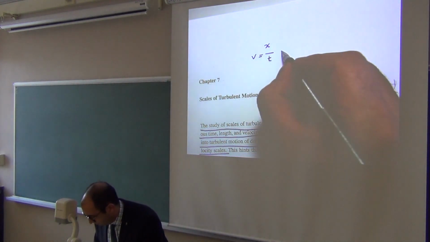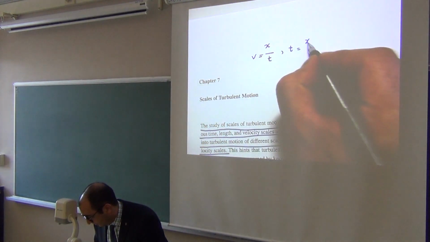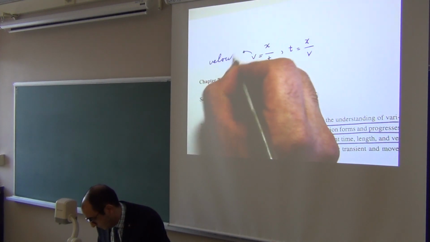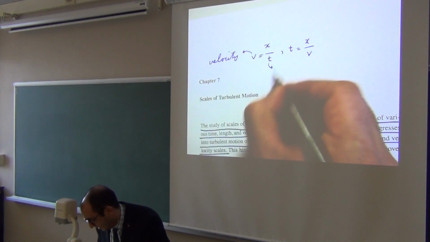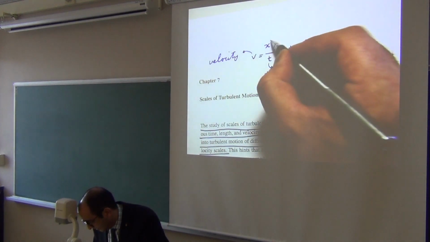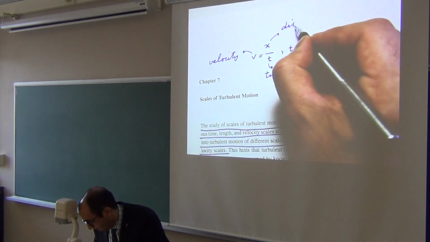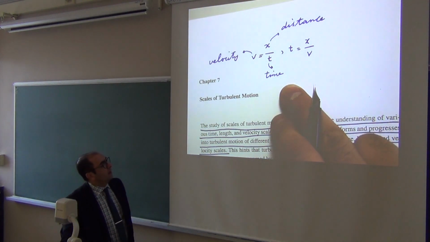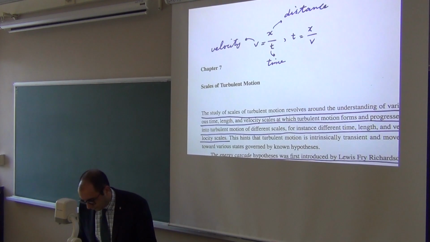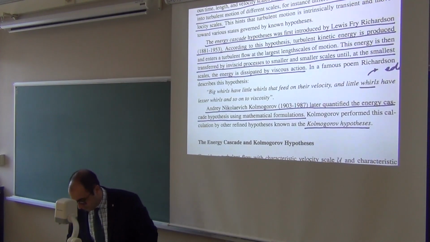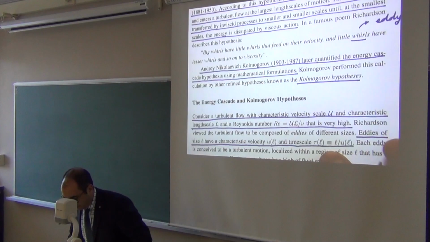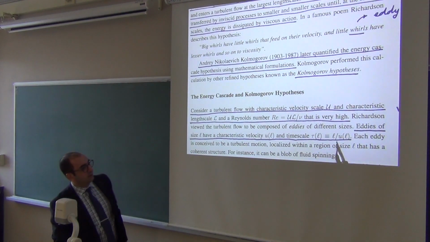So time is distance over velocity, right? Velocity, time, distance. That should not surprise you. The time scale of the eddy is equal to its size divided by velocity, because it must.